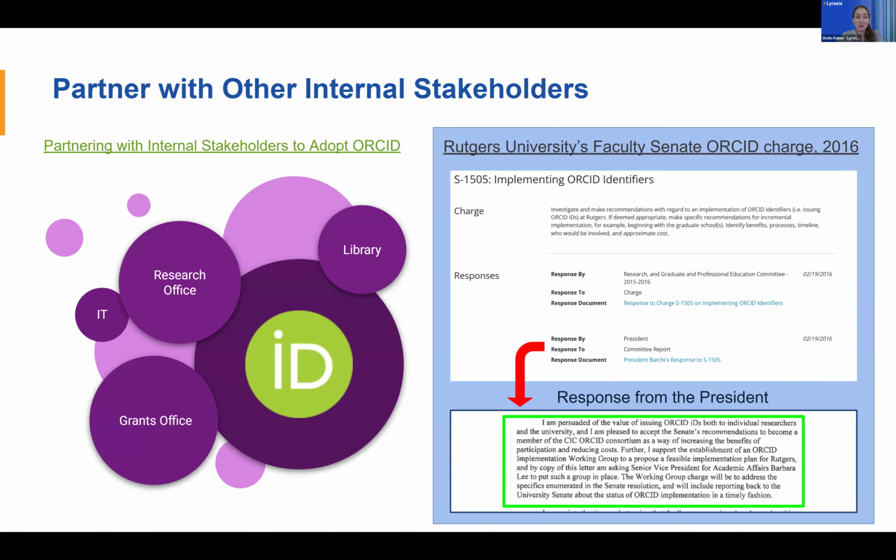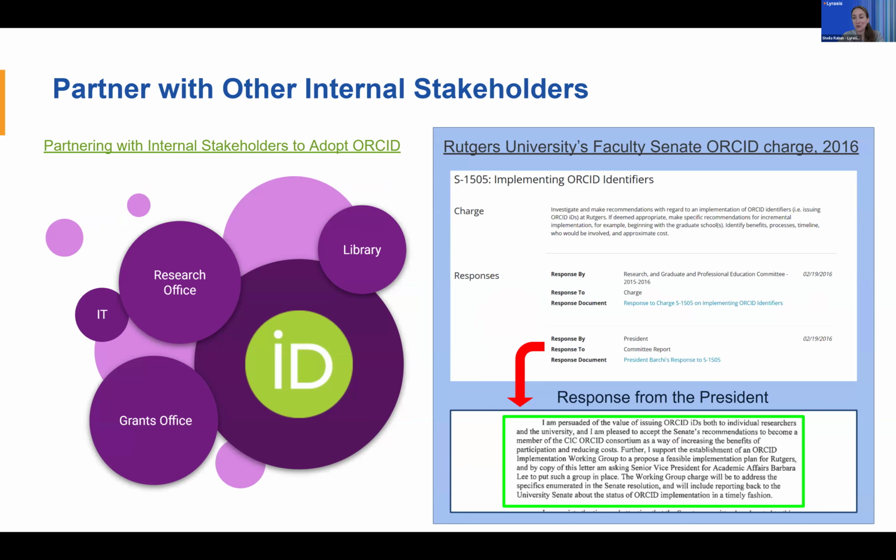Now, we've also found working with over 200 organizations across the US over the last 8 years that ORCID adoption can really benefit an entire organization as a whole, not just the library or not just the research office.